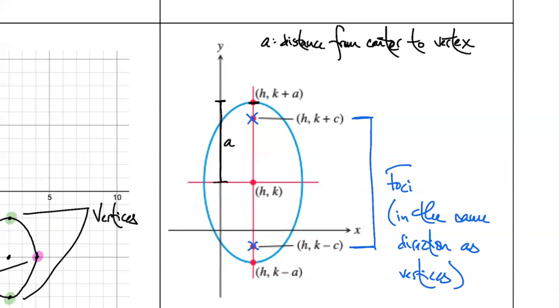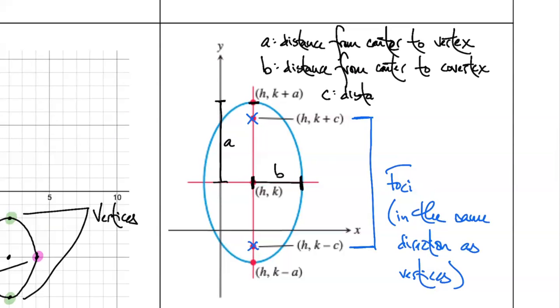Okay. B is the distance from center to co-vertex. So like from the center to the co-vertex, that would be B. C is the distance from center to a focus, or one of the X marks. So this is C.